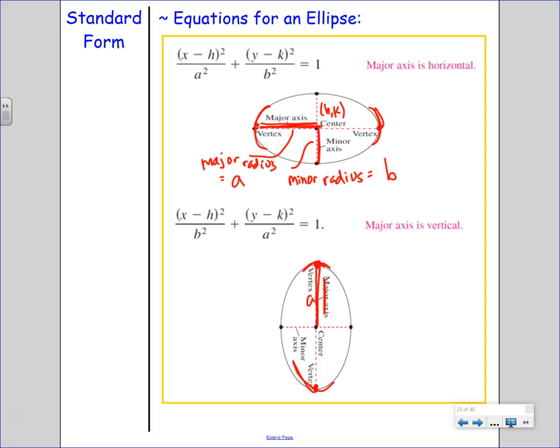This will be A. The minor, this will be B. Common notation, A is always greater than B for ellipses. Just common notation. Okay, A is going to be greater than B. A is just the name for the major wherever it is. So if the major is underneath the horizontal, it's going to be a horizontally oriented ellipse. And if the A is underneath the vertical component, it's going to be a vertically oriented ellipse.